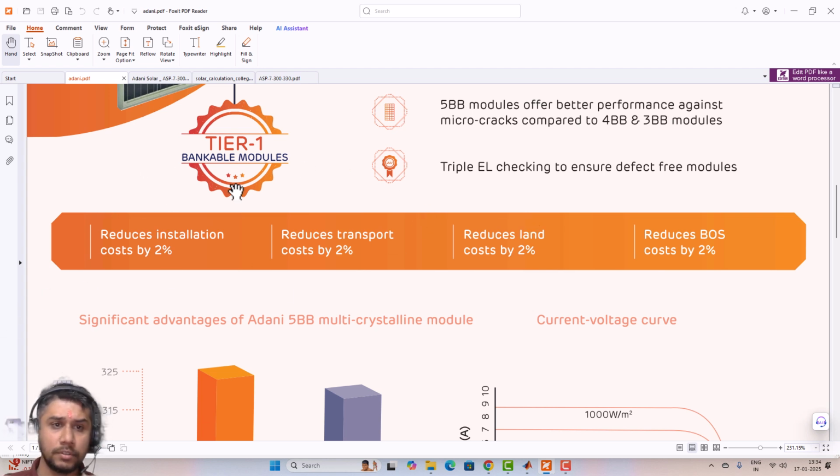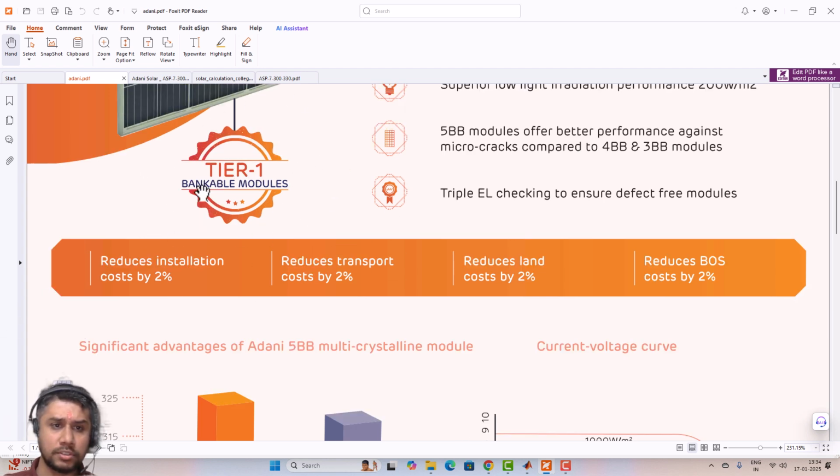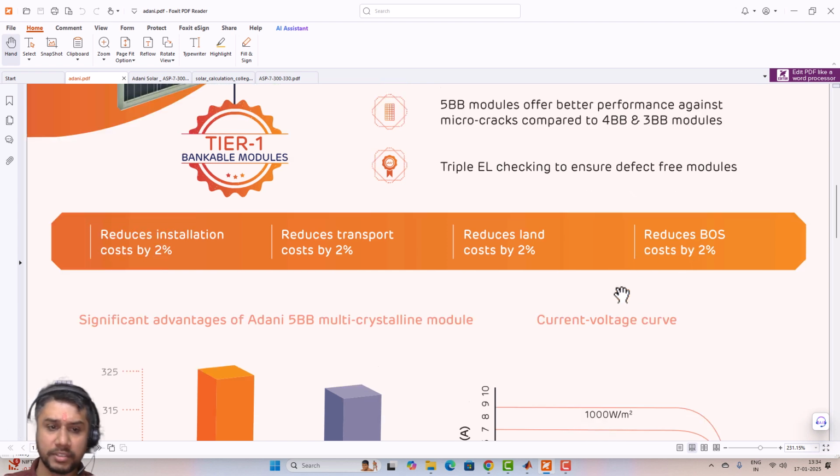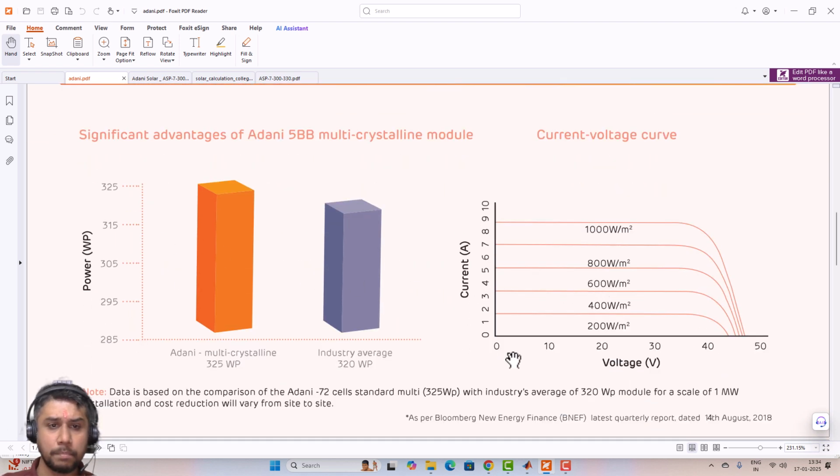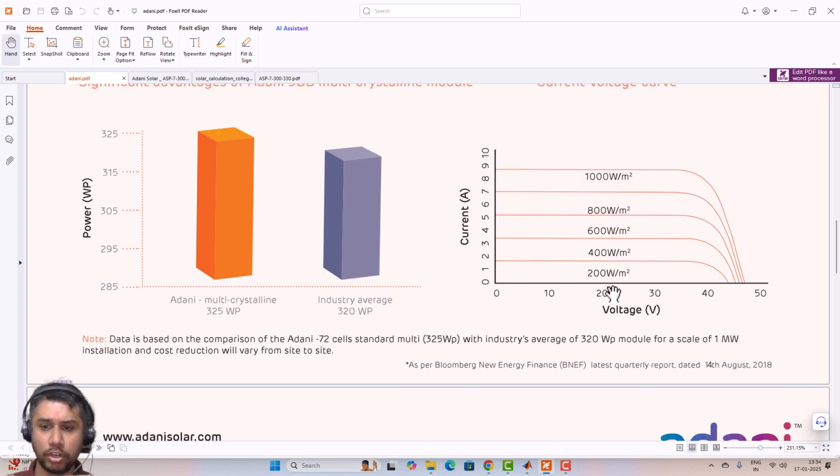These are some benchmark modules. So tier 1 benchmark modules and 3-star rating is available. It reduces installation cost by 2%, transportation cost by 2%, land cost by 2%, and BOS cost by 2%. These are some comparative analysis and VI characteristic graphs for 320 watt peak modules.